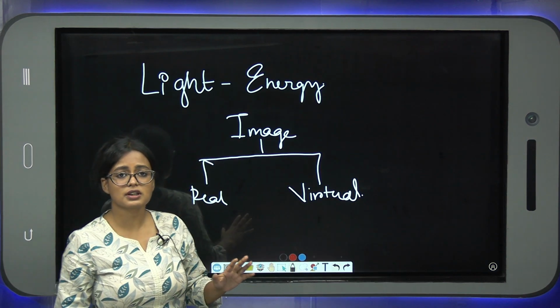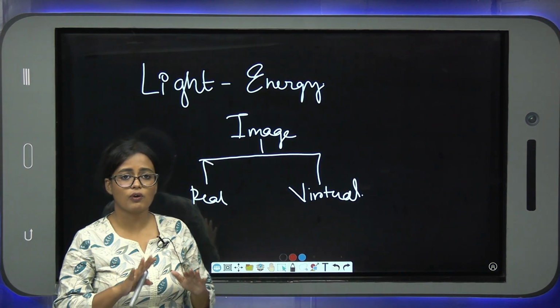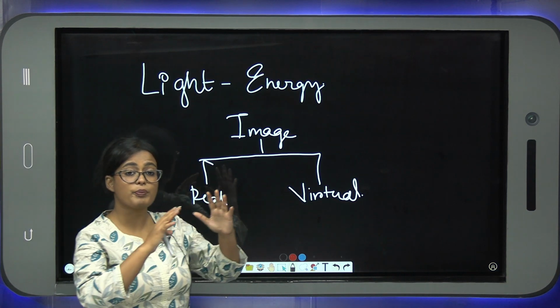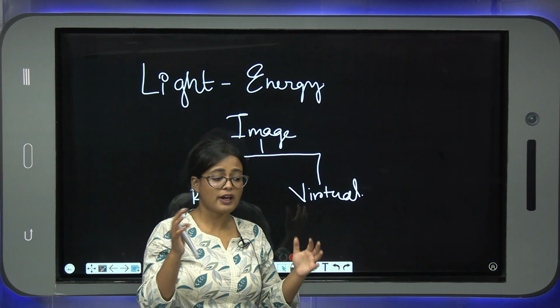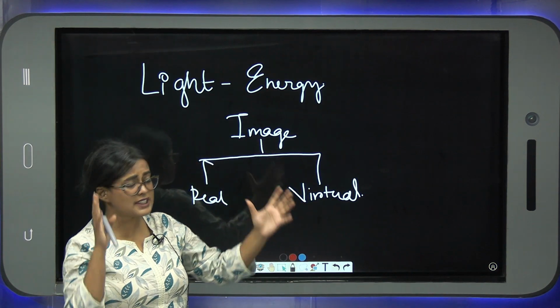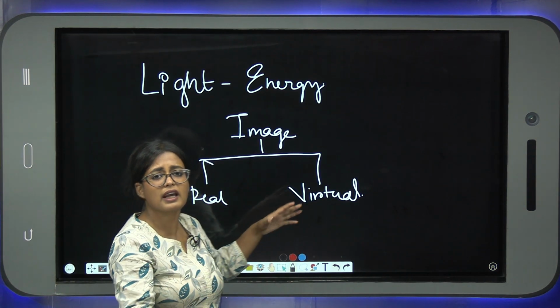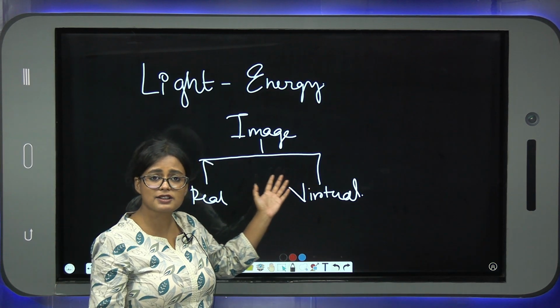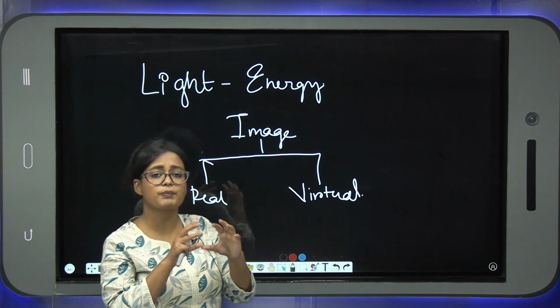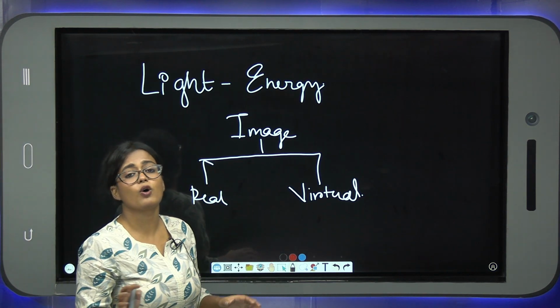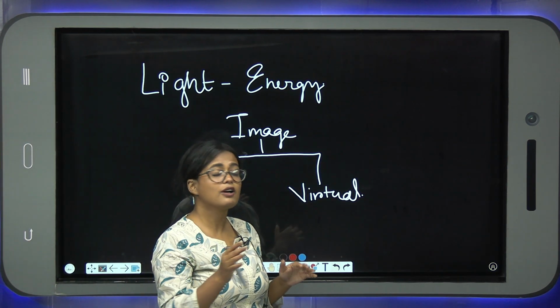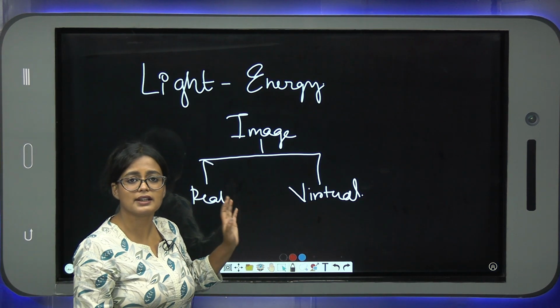What is a real image? Any image that can be obtained on a screen, like a projector. When we project a scene or a video on a screen, we are able to see it, right? But that is not a real object, that is just the projection of the video. So all the images that can be obtained on a screen are called real images.